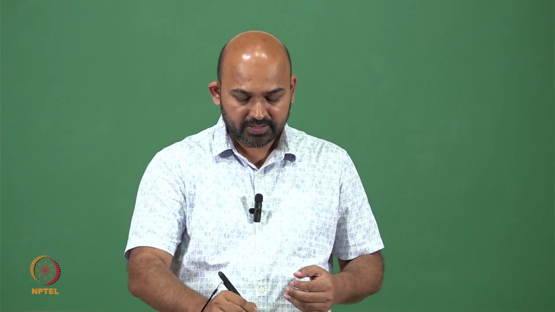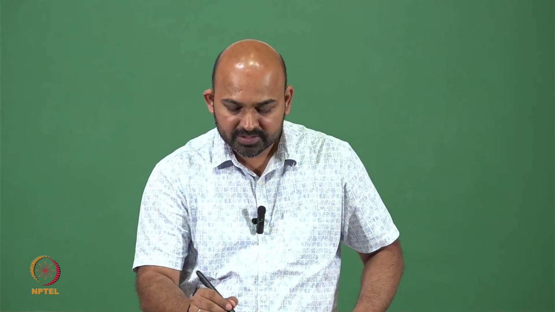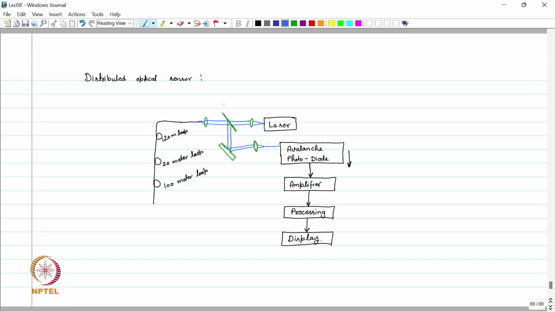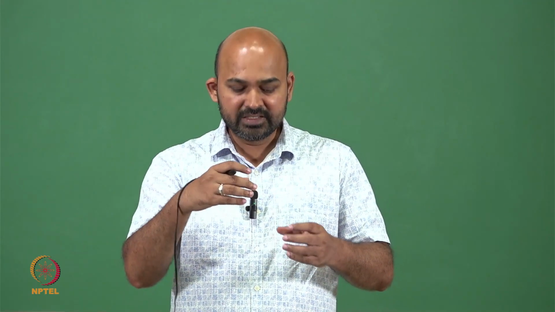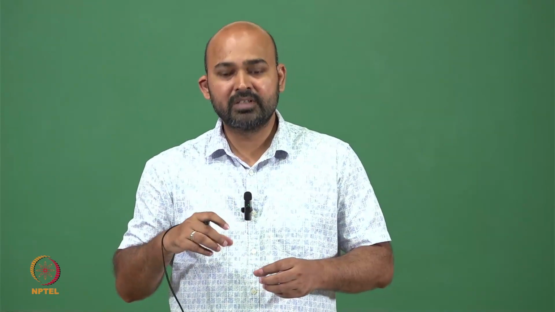So we put in between this beam splitter, which splits this incoming and outgoing optical wave and sends these received photons towards the avalanche photodiode.